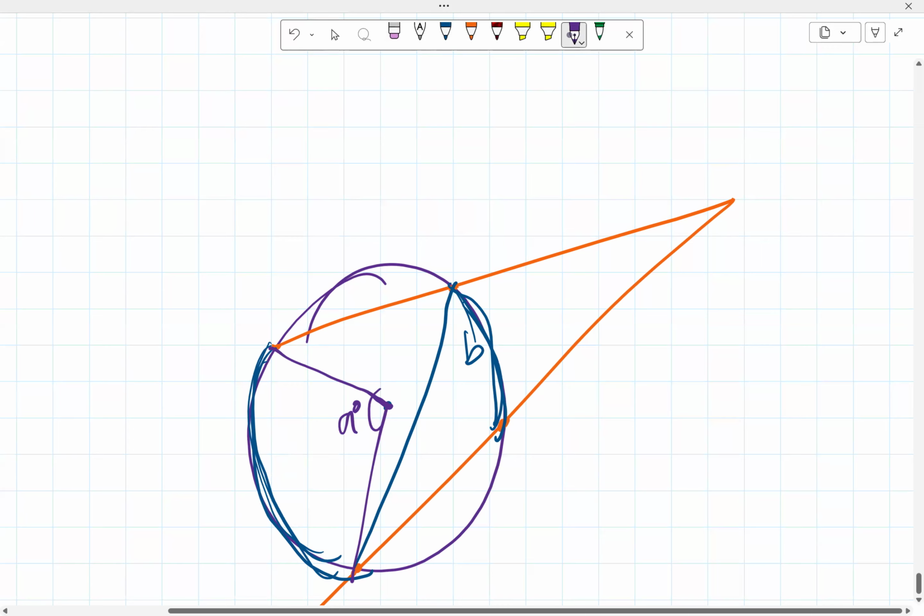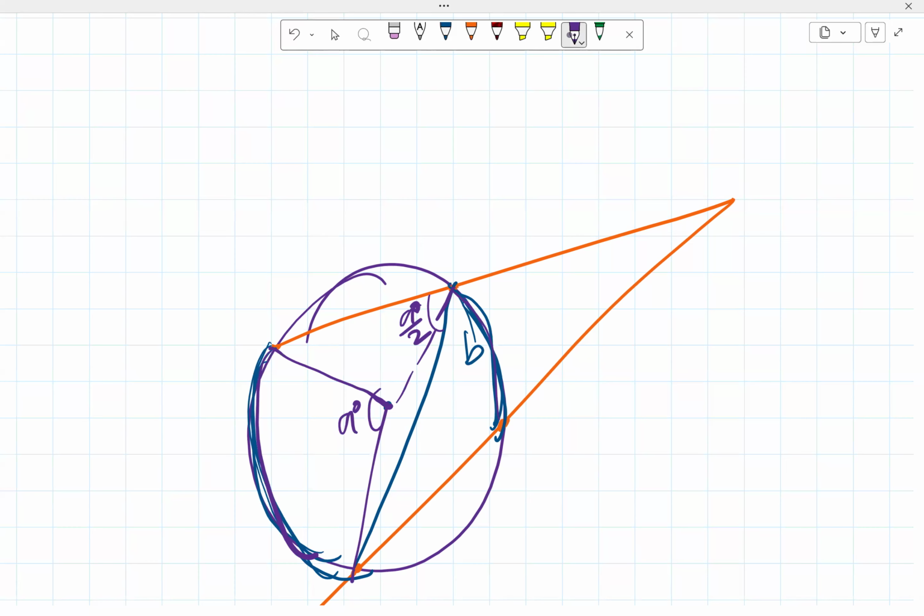So automatically, the same arc is going to make A over 2 degrees on any part of the circumference. Then for this arc, if you also take it to the center like this, it makes B degrees. So the same arc makes B over 2 on the circumference, right?